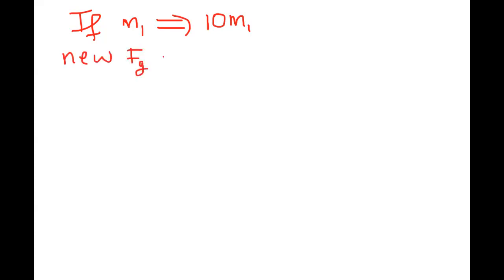So if M1, one of the 2 masses we talked about in the universal law of gravitational formula, goes to 10 times M1, in other words, if the mass is increased 10 times, then the new gravitational force is equal to, I'll put a dash here, original gravitational force.